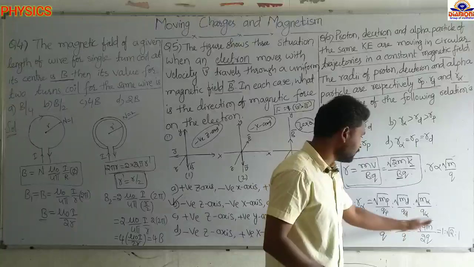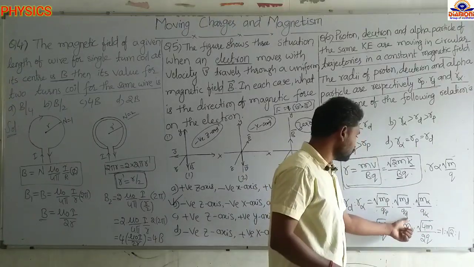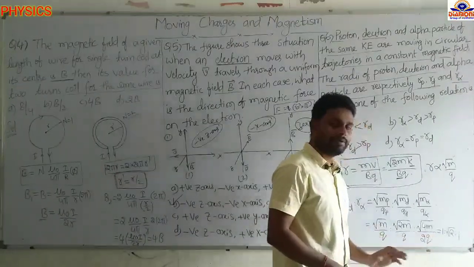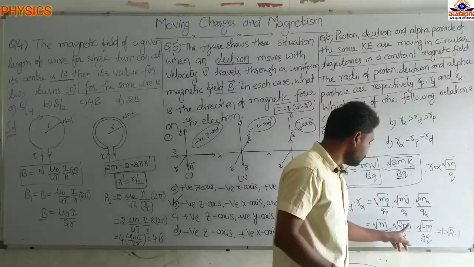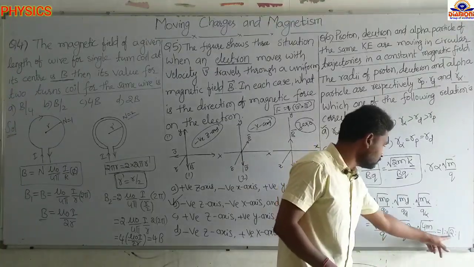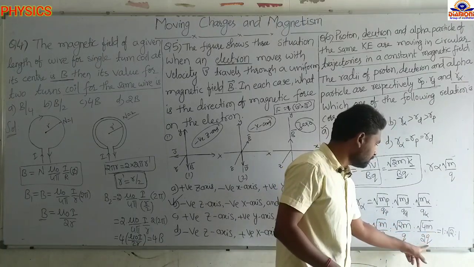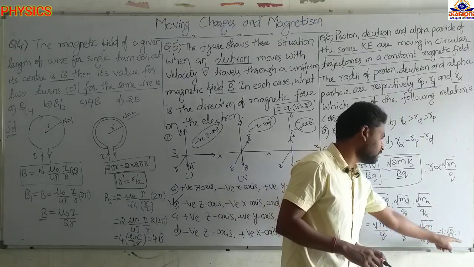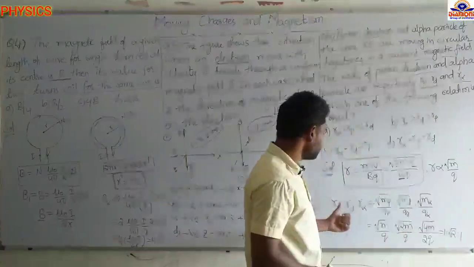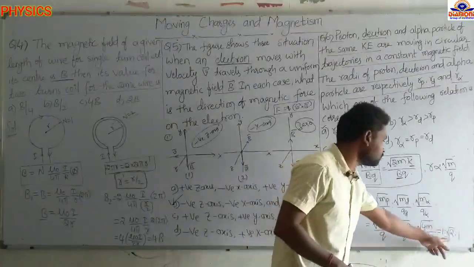In these three cases, root m by q will be cancelled, so here we get 1. Here root m by q cancels, and root 2 is there. For the alpha, root m by q cancels, but root 4 is there, root 4 value is 2, 2 by 2 means 1. So the ratio rp is to rd is to r alpha equals 1 is to root 2 is to 1.